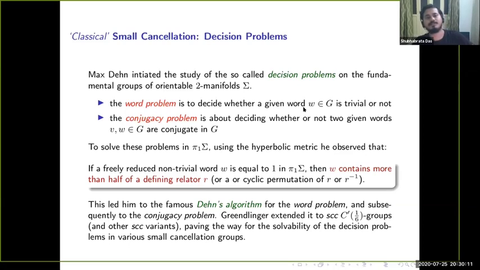Now we would look at the so-called decision problems, through which Max Dehn started off the study of this type of groups. So, what are the decision problems?